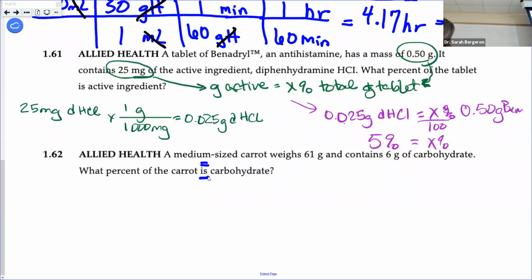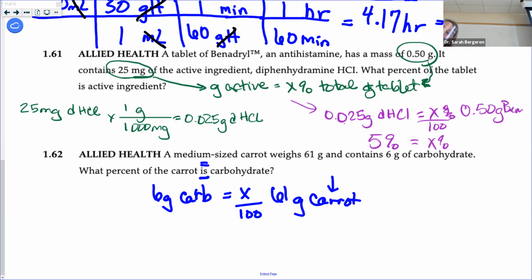It's a percent of a whole, right? I want to know what percent of the carrot is carbohydrate. So I know I have 6 grams of carb, right? And that is what percent of the carrot? So it's X over 100 of the carrot. What's the carrot? 61 grams.